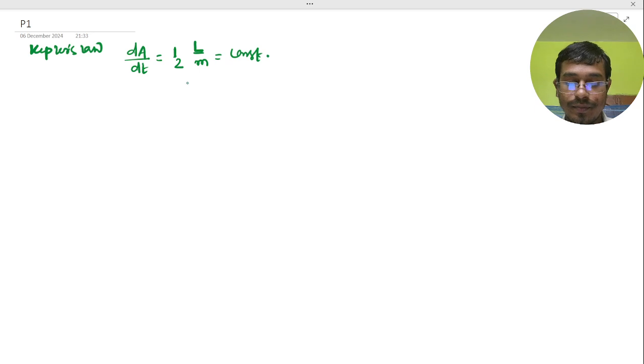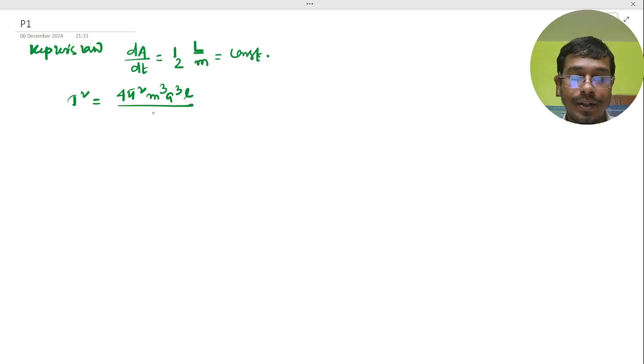The third law is T squared equals 4 pi squared a cubed divided by GM. Basically T squared is proportional to a cubed, or the time period squared is proportional to the semi-major axis cubed.